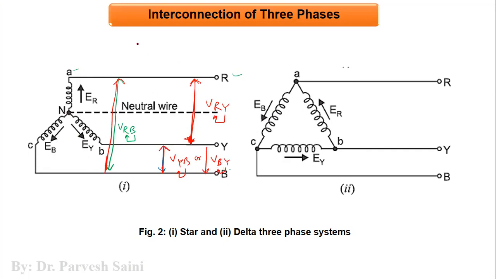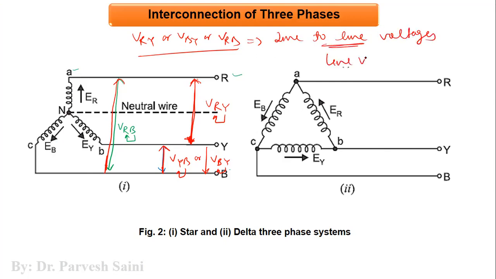So now this VRY or VBY or VRB, because these are line to line voltages, we call them line voltage. So the potential difference between the two lines, red line, yellow line, and blue line, is known as line to line voltage, or line voltage simply, right?